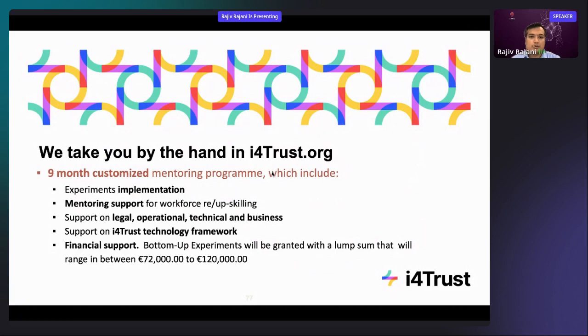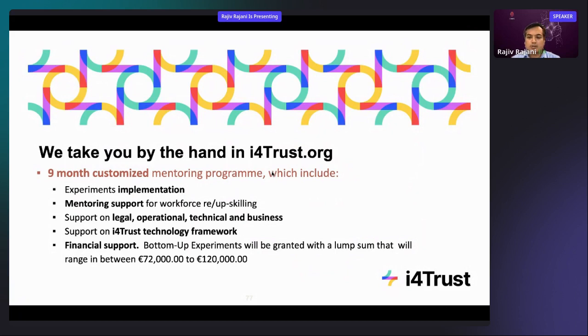We allocate mentors to your project, so you have a regular contact point from our partners, who are mentoring you throughout the implementation journey, also helping you to upskill by referring you to all the trainings and materials that we have.